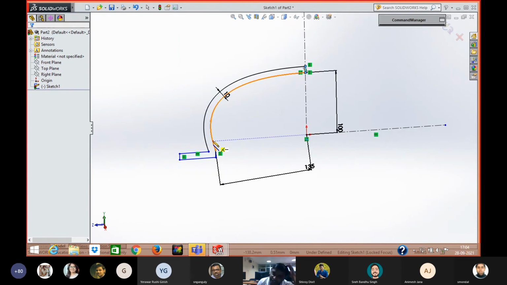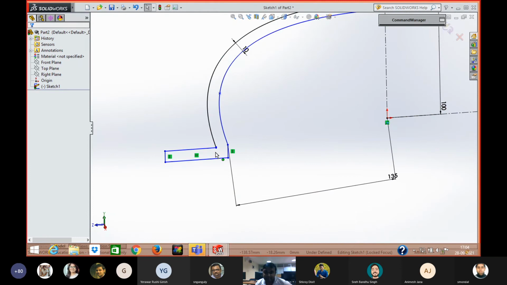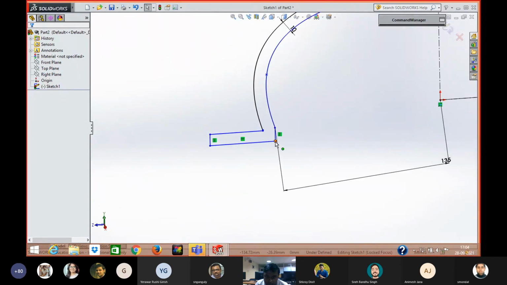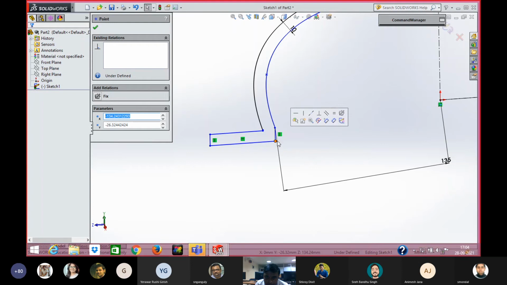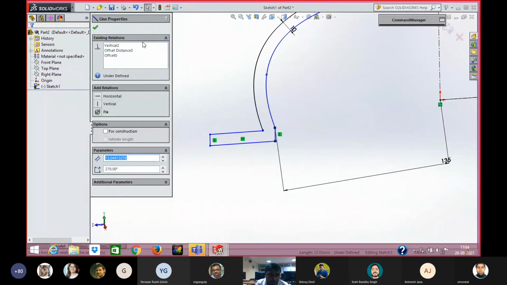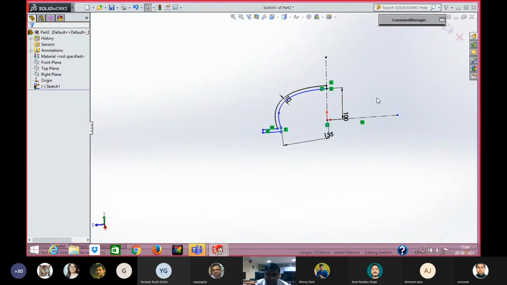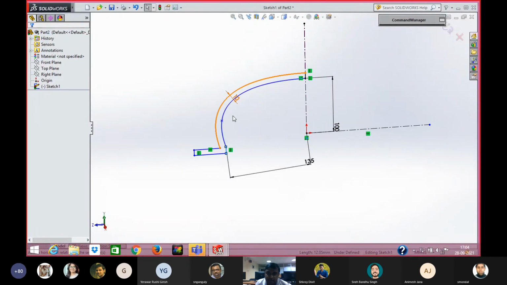See, from my geometry, you are seeing that it's not proper design. But yet I am just showing that according to your diameter or the shape of the revolved portion, you can change it.